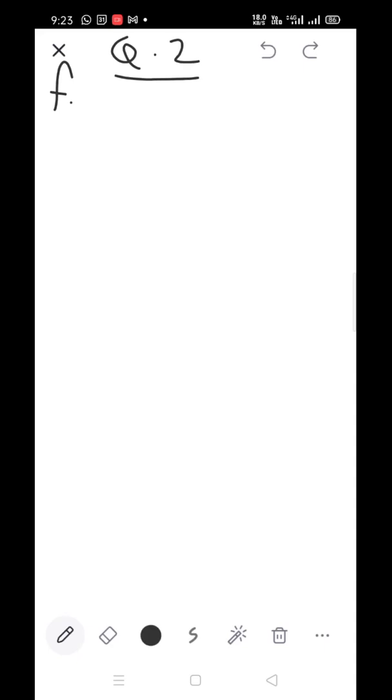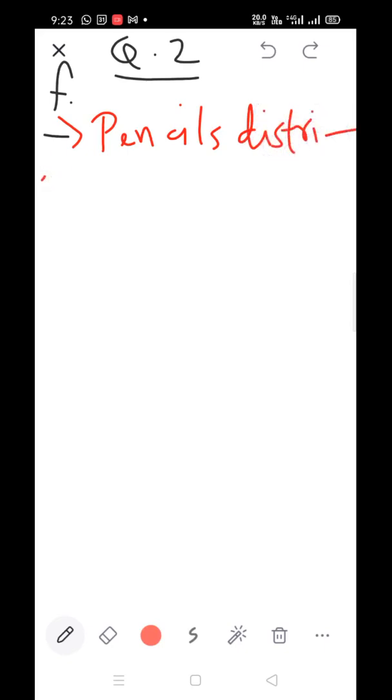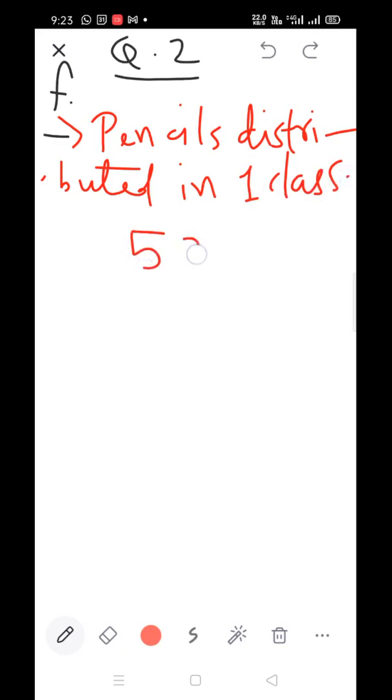So firstly what will we do? For 1 class it's given and for 27 it is asked, so we will multiply them. So start the sentences. Pencils distributed in one class, that is the 53 pencils.